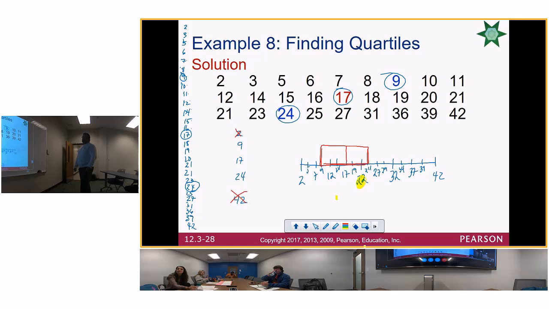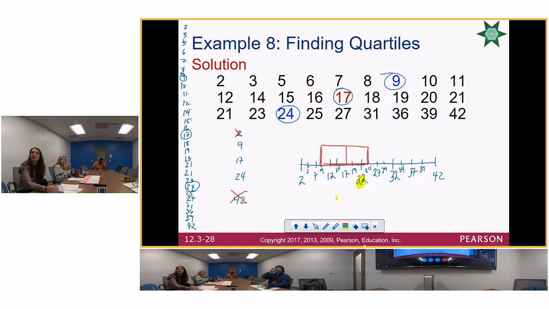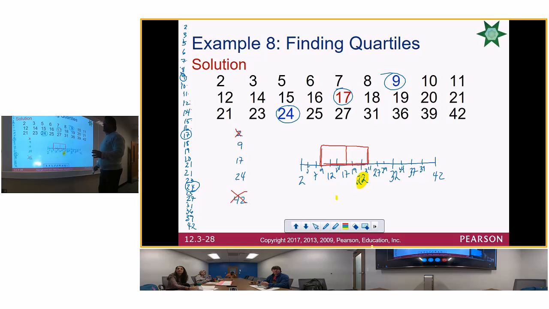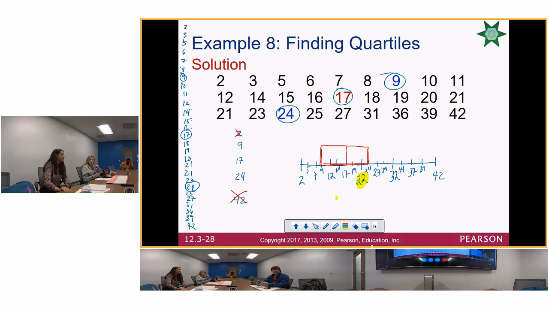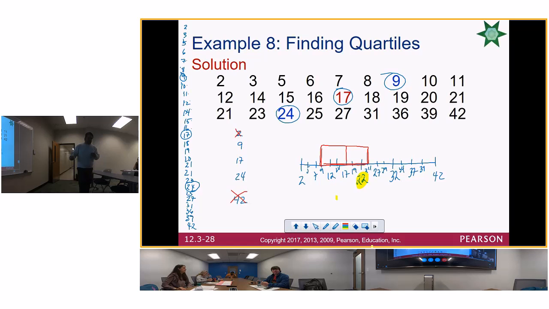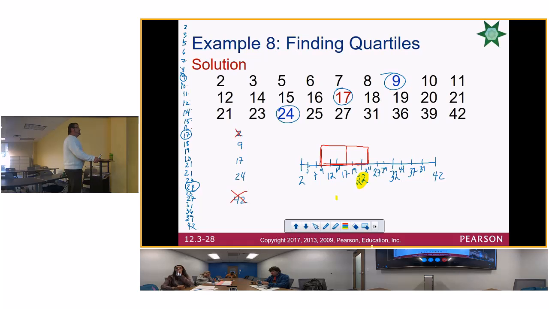But we just said 17 was the middle. That's the median. Now, what's wrong with this picture? It's not the same. So at this point, Ms. Johnson, being the good student that she is, finds out that the median and the midpoint are not lining up, and they say, whoa.